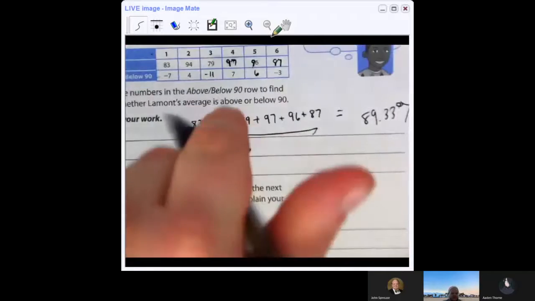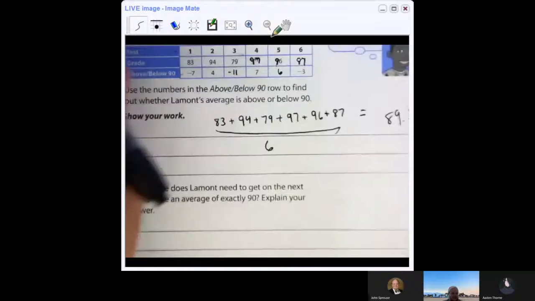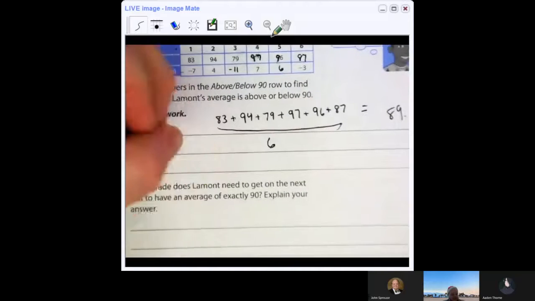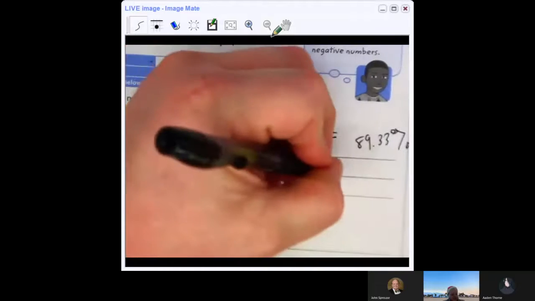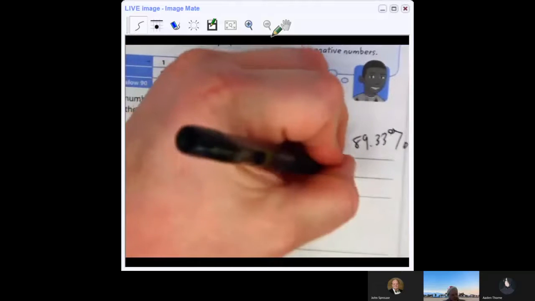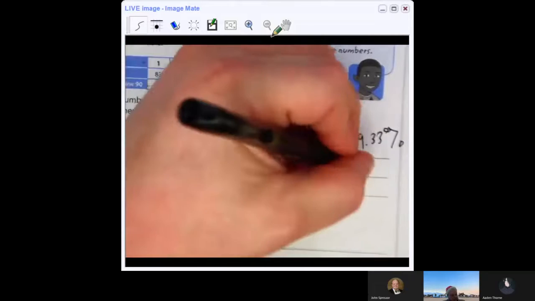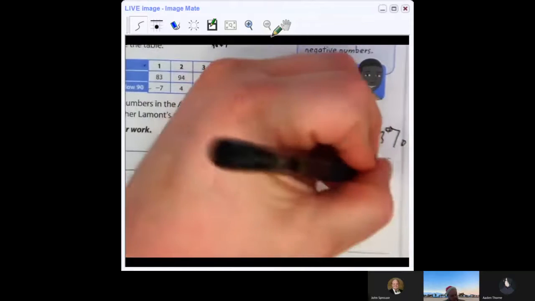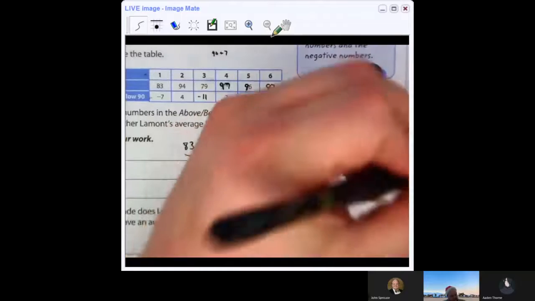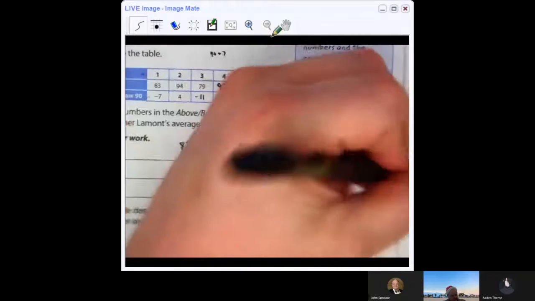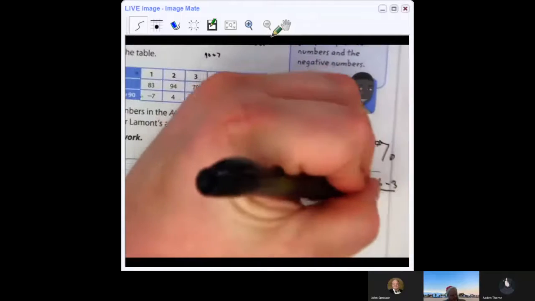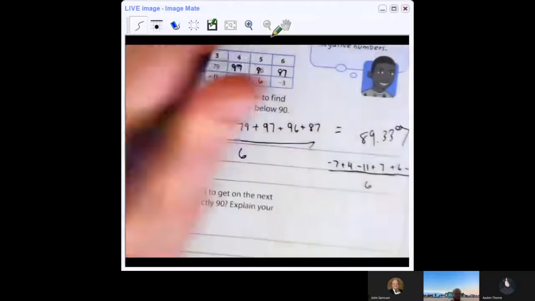If I were to add up above and below 90, I would have -7 plus 4 minus 11 plus 7 plus 6 minus 3 divided by 6.